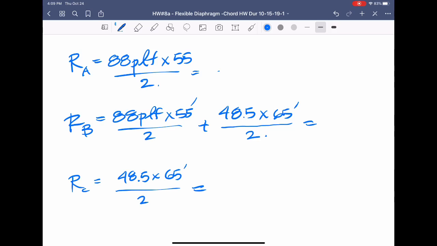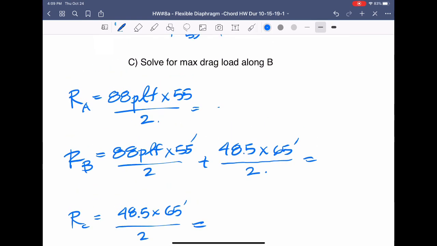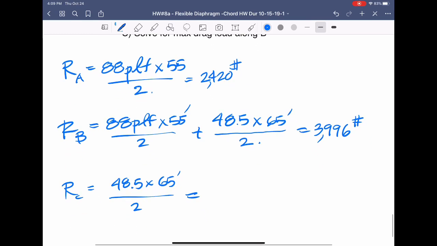All right. So we find out that this is 2,420 pounds, 3,996 pounds, 1,576 pounds. Great.